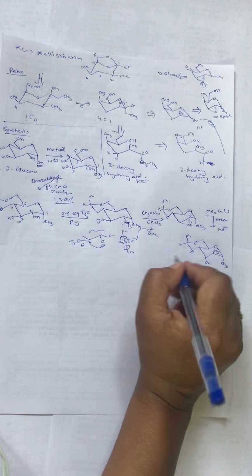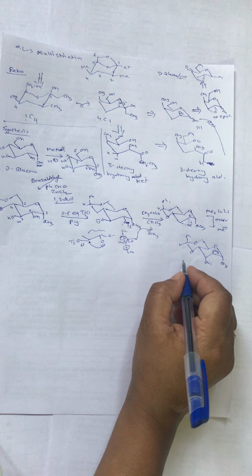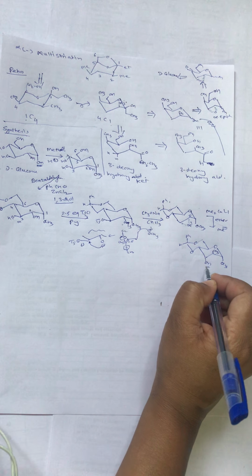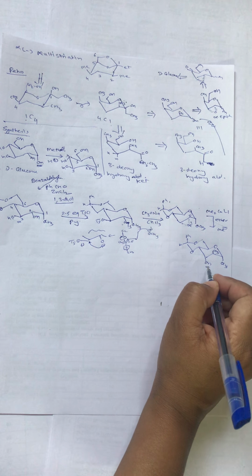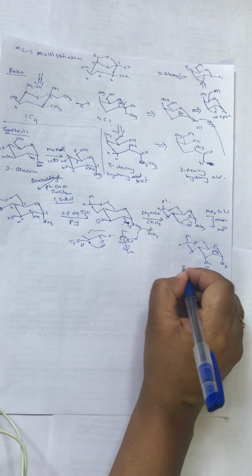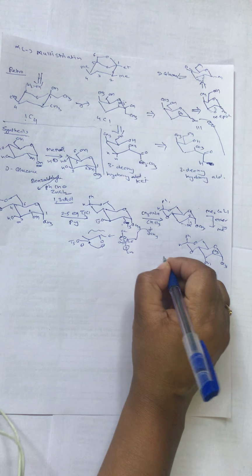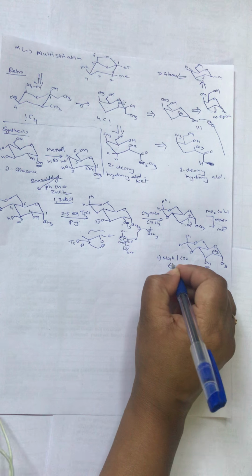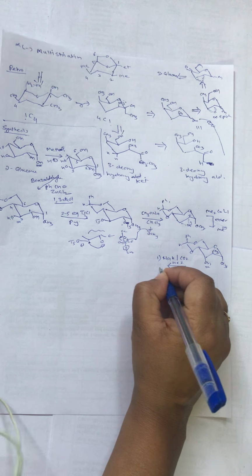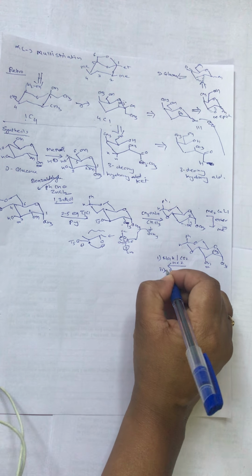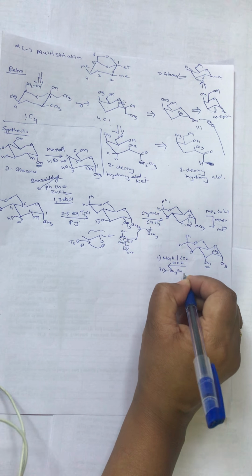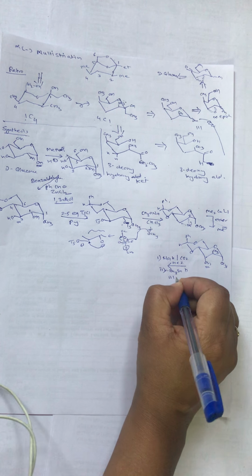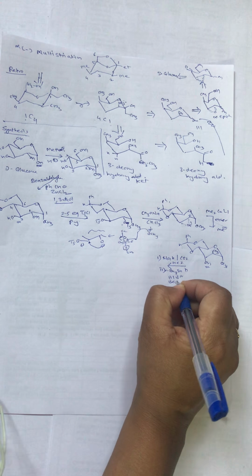Fine. Now we have a Barton protocol by which we are going to convert this third carbon OH into H. For that we will treat this with NaH in the presence of CS2 and MeI, and secondly we will treat with nBu3SnH in AIBN and benzene.